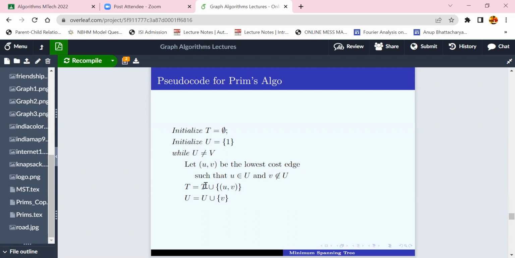And in T, we add this edge UV, and in the vertex set U, we add the vertex V, that is, V has now been visited. And this way we proceed until we get U equal to V.